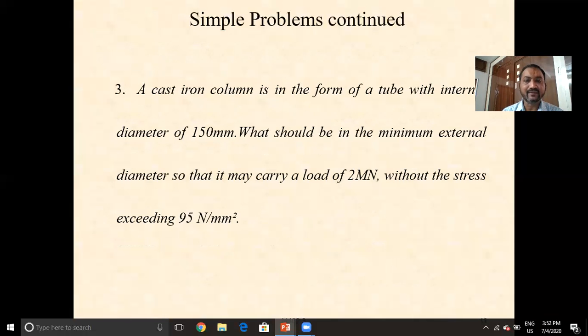The next one is the third problem we have. It is a different kind of problem. A cast iron column is in the form of a tube with an internal diameter of 150 millimeters.